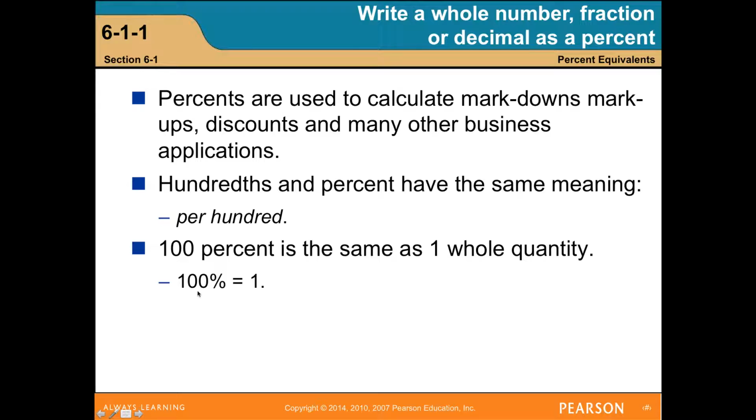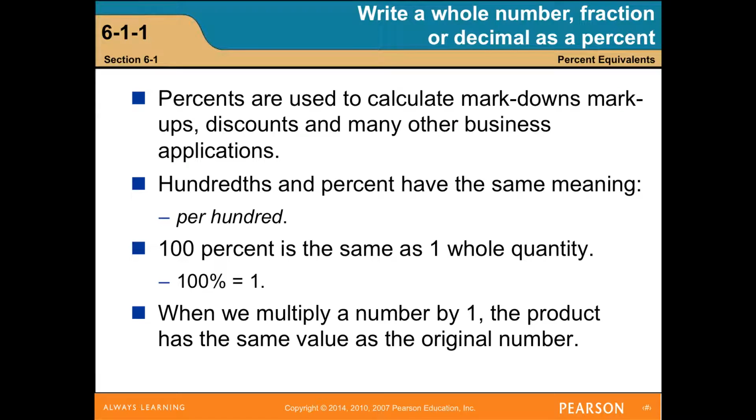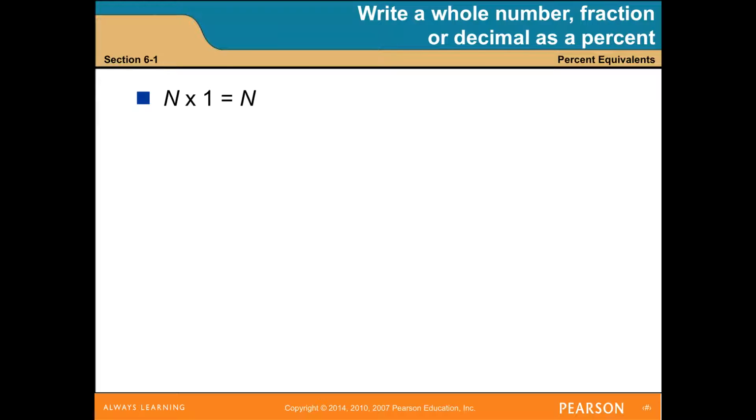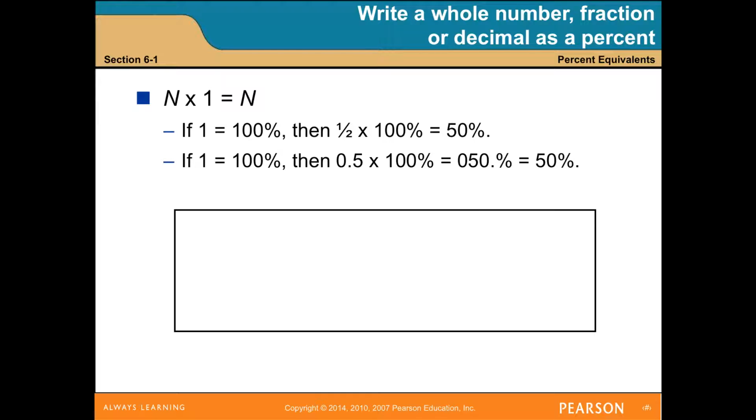So 100% equals 1. And of course, 200% is representative of double, 300% is triple, etc. When we multiply a number by 1, the product has the same value as the original number. N times 1 equals n. If 1 equals 100%, then half of 100% equals 50%.